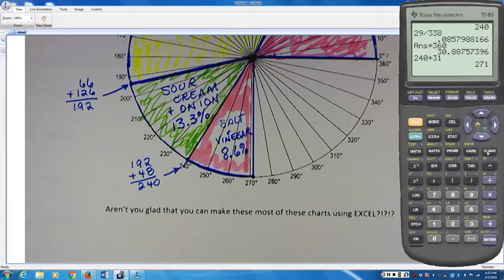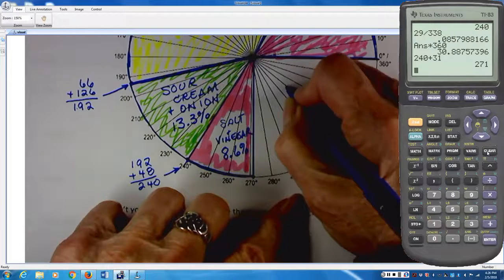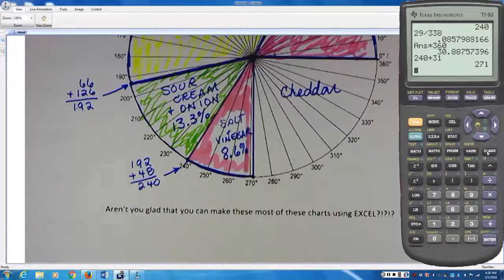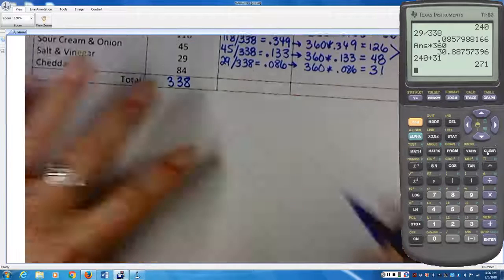And that means since we only have one category left, that's the cheddar cheese. And there's 84 bags of those sold.